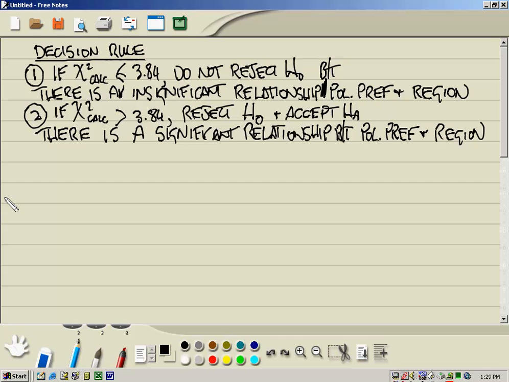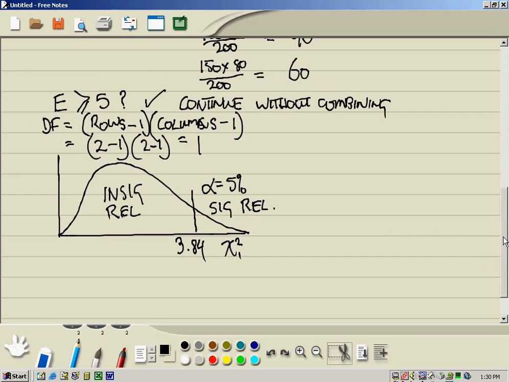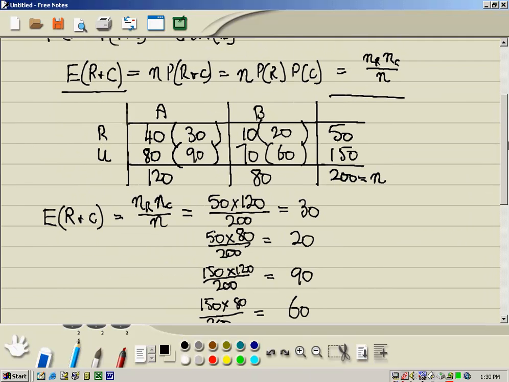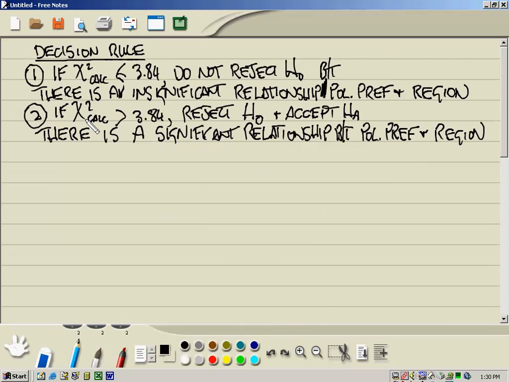Alright, we're now ready to do our calculated value of chi-squared. Let's go back to our table and look at the numbers. Our formula for the calculated value of chi-squared is the same as for the goodness of fit. That's the summation of the expression observed minus expected squared divided by the expected.